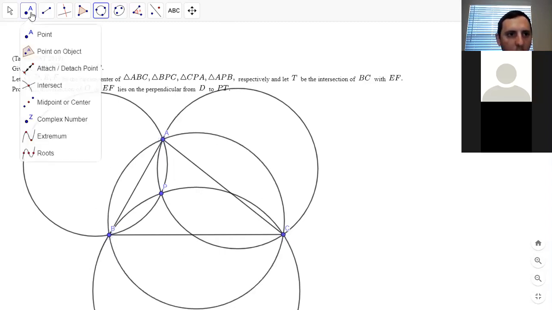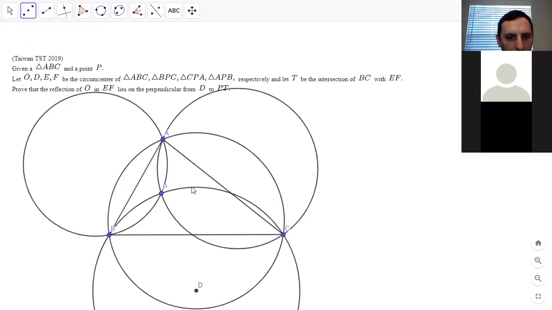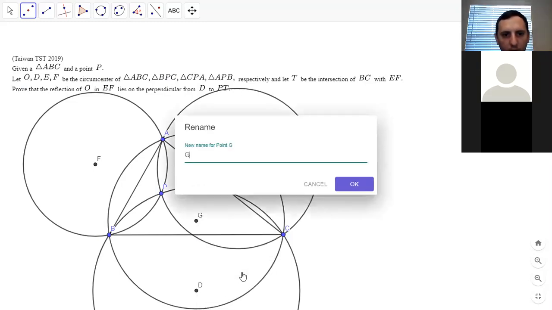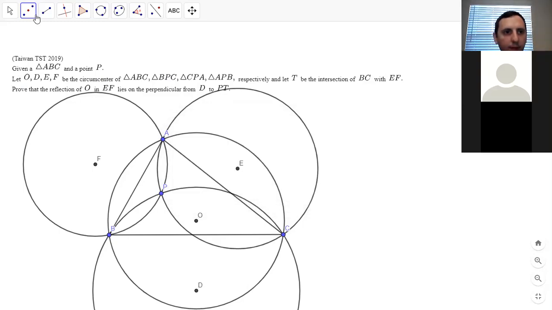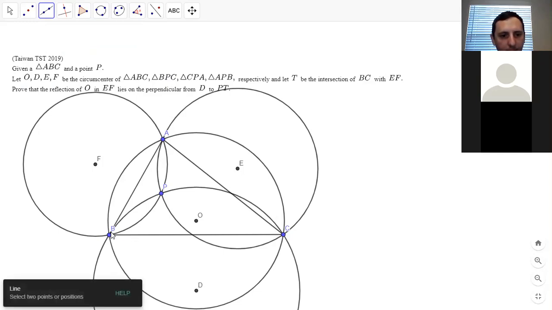Okay, so BPC is D is the center, and then CPA is E, and BPA is F, and then O is this center. And T is the intersection of BC with EF. So I'm going to want to extend some things here.